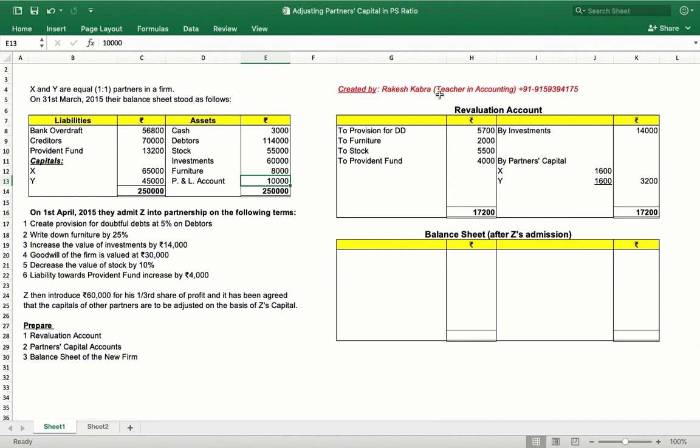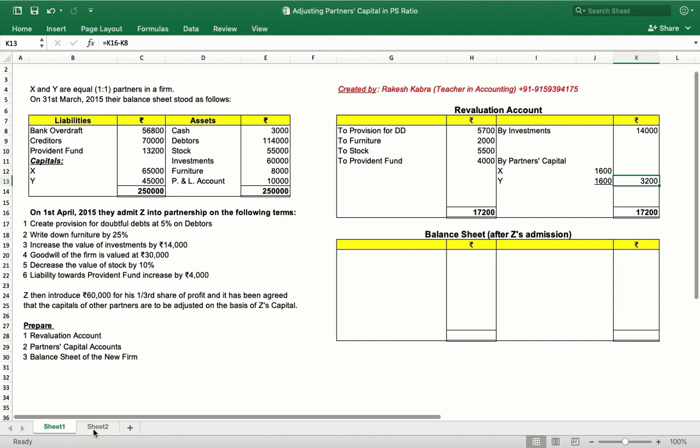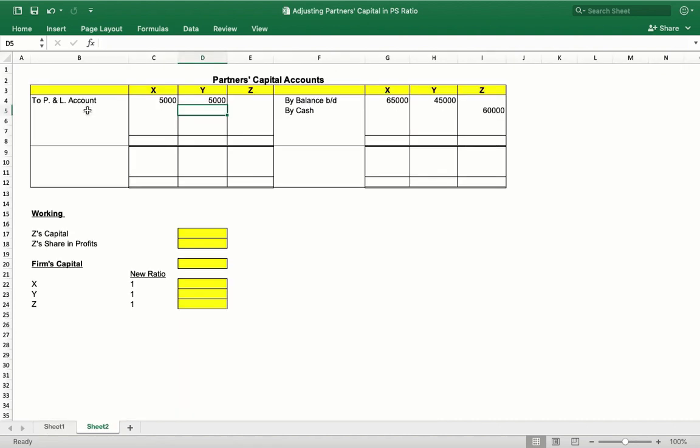Now we already prepared the revaluation account, and the result of revaluation account is a loss. So this loss also we need to transfer to the partner's capital account. And with this loss, we reduce the balance of partner's capital account. And for that, we will record this loss on the debit side, Revaluation.